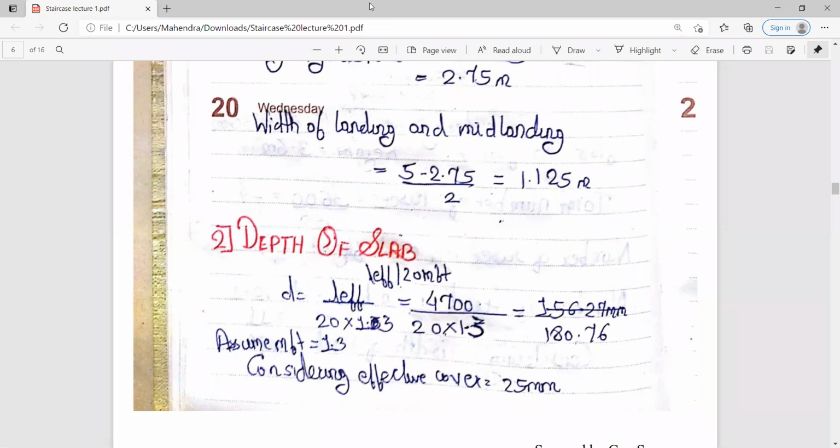And second, for one end continuous slab, D will be equal to L effective by 24 MFT.